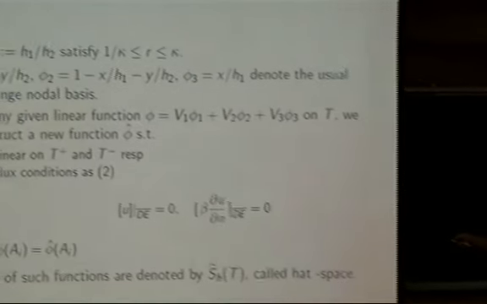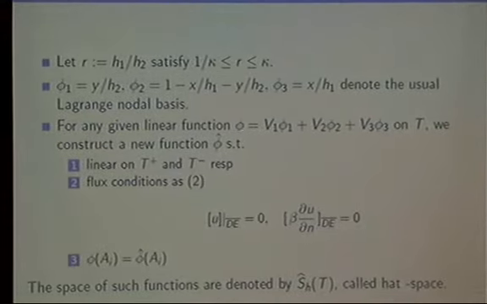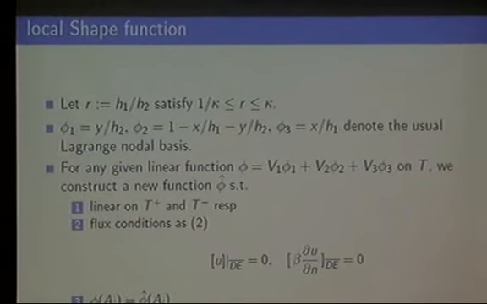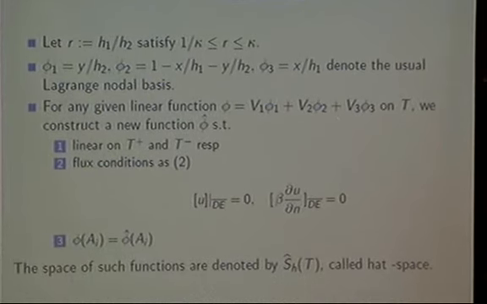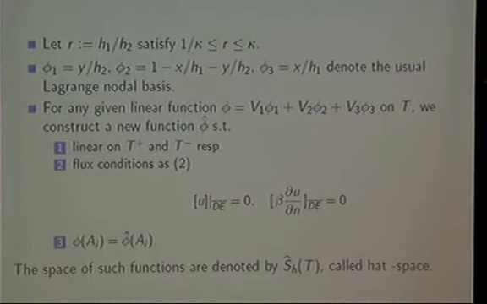And then on a fixed triangle, a general linear function is a linear combination of these three, right? V1, V2, V3 are the values at the corners, and phi 1, phi 2, phi 3 are the basis functions. And then this is a standard piecewise linear function, a very easy one. But we are actually going to use a new function called phi hat. This hat means it looks like that. The function is broken like that. We use this notation. And this one is of course linear on each part, plus part, minus part, but satisfies the flux condition.